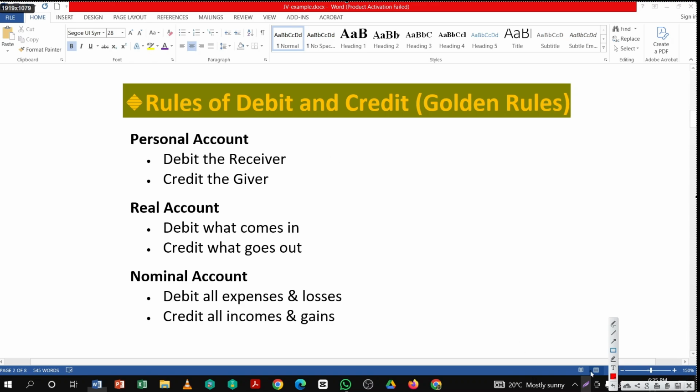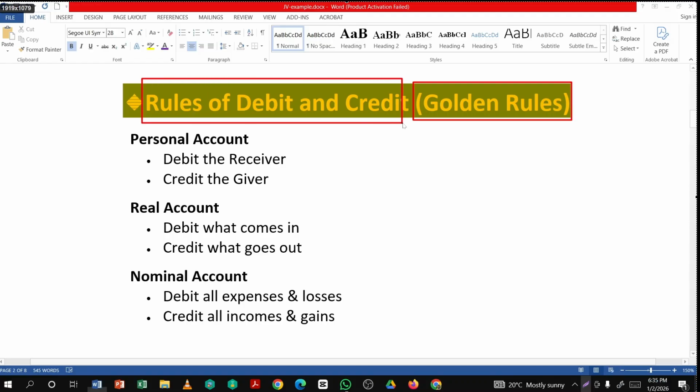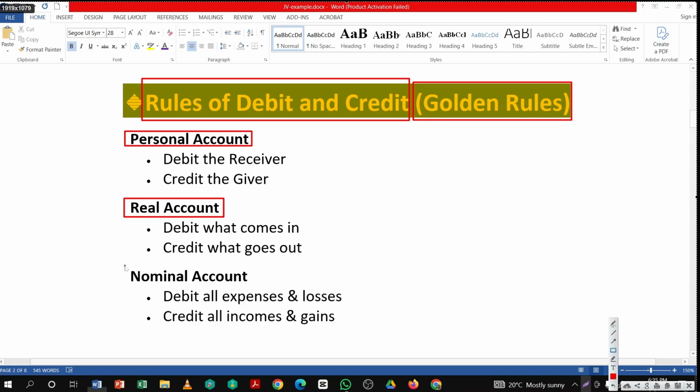So let's get started. Golden rules of account, that is the rule of debit and credit. In accounting, golden rules are of three types. One is personal account, second is real account, and third is nominal account. In personal account, the receiver is debit and the giver is credit.